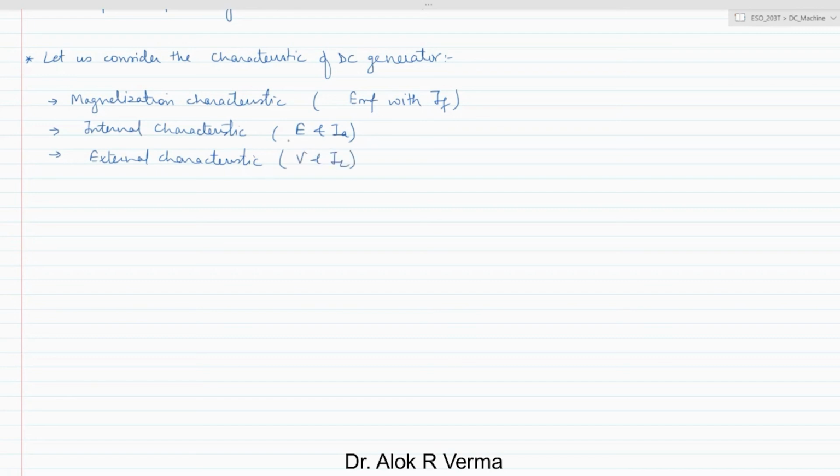So let us consider the separately excited DC generator.